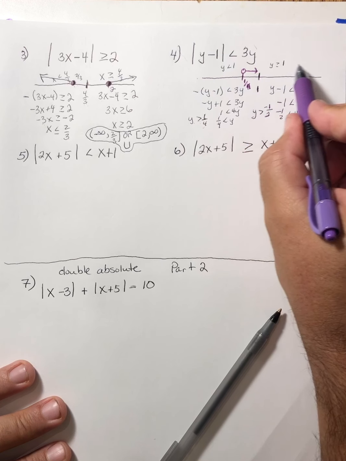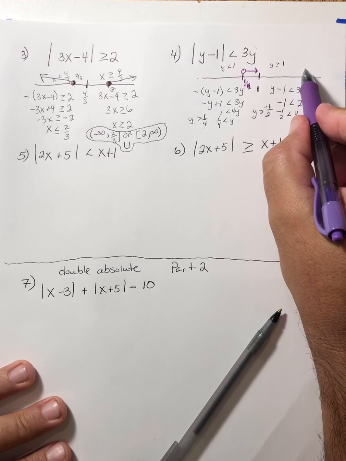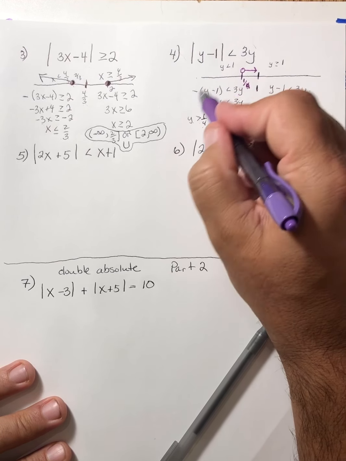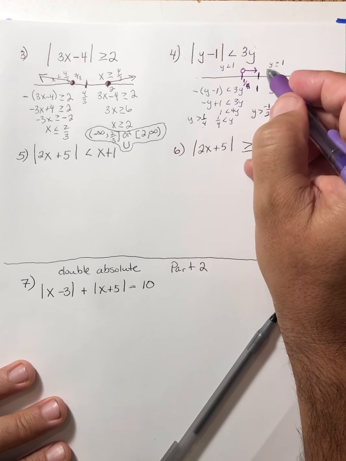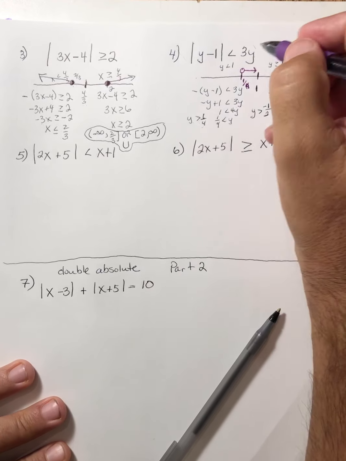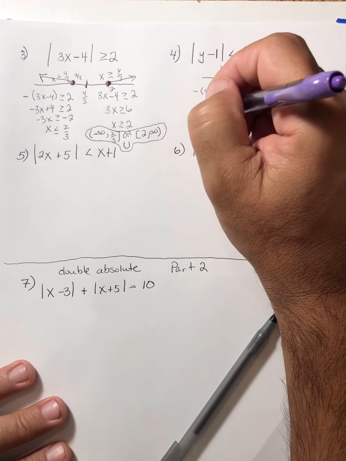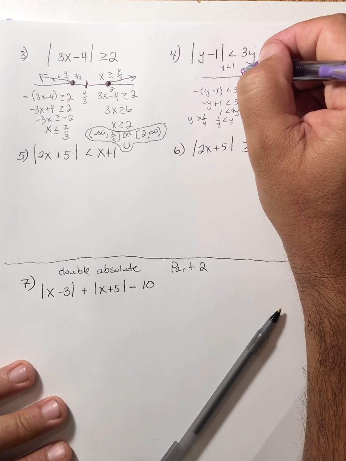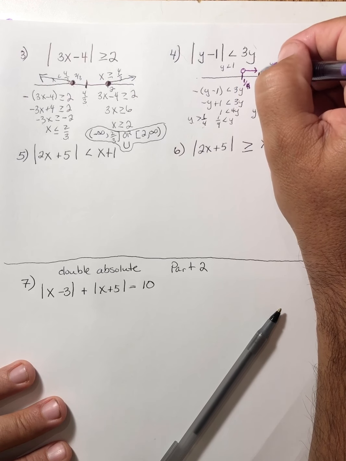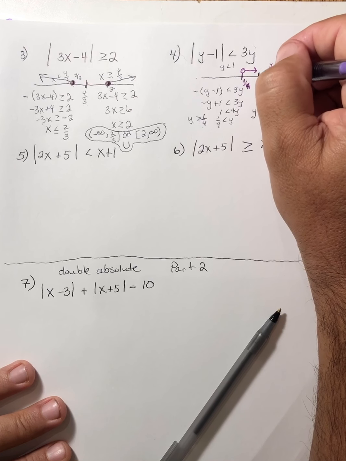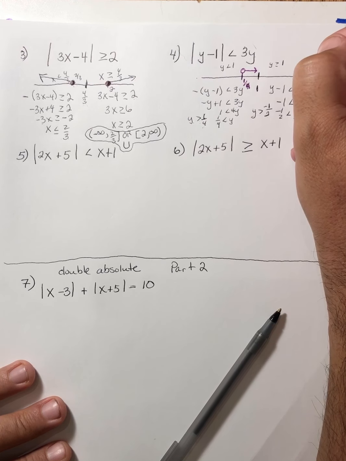Everything after this is outside of this region. So y is greater than a quarter only has solutions from the quarter, open circle, stopping at 1. I technically stop right here because now I'm outside the region.